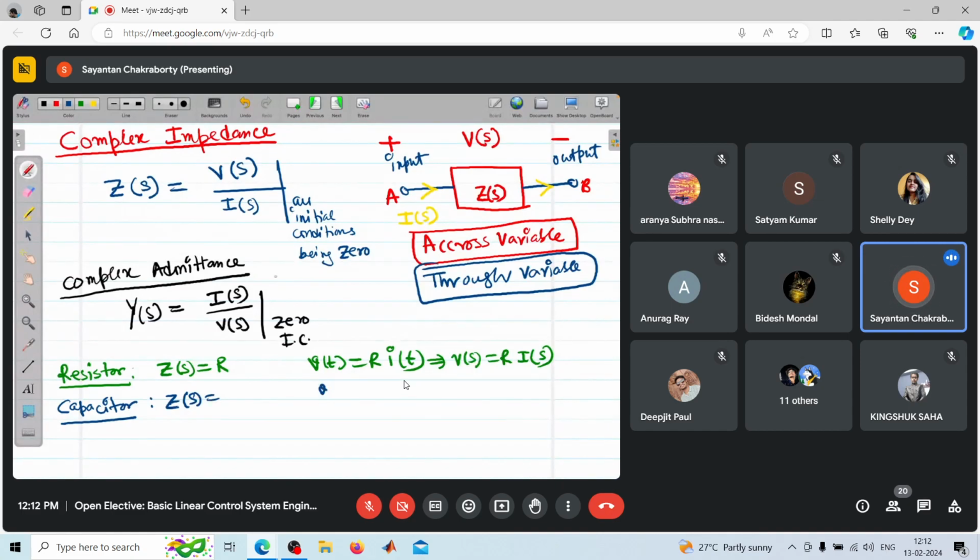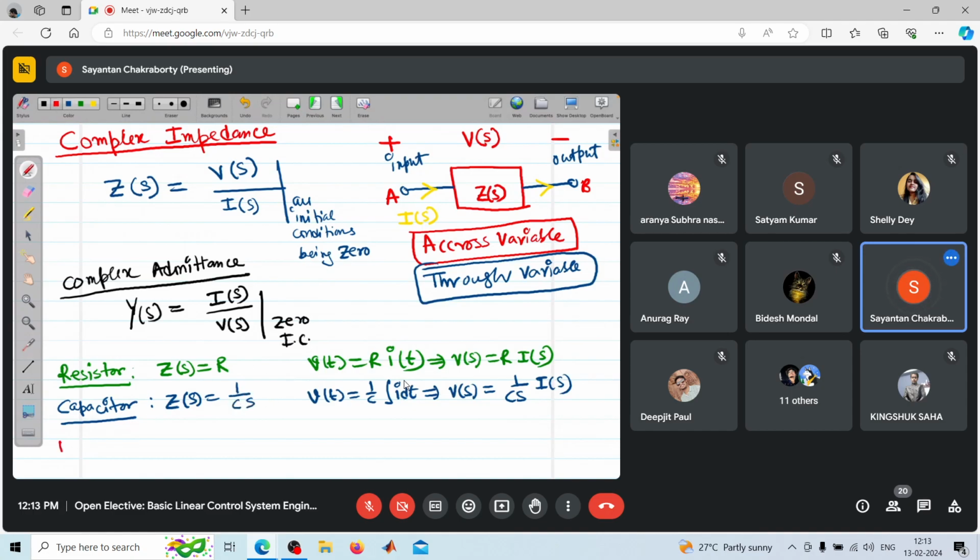We know for a capacitor, v(t) is equal to 1 by C integral of i dt, that implies V(s) is equal to 1 by Cs times I(s). So V(s) by I(s) will be 1 by Cs.